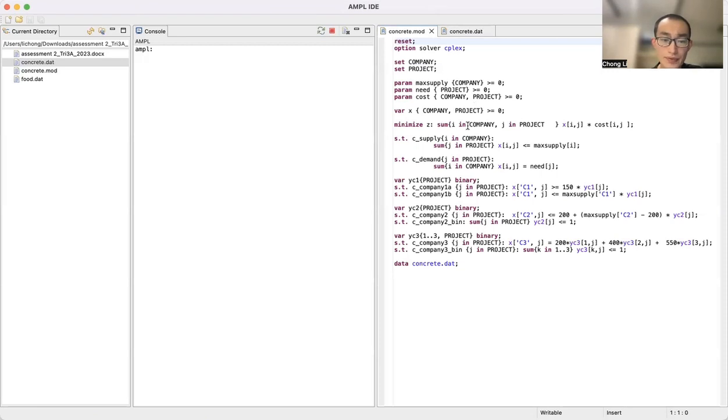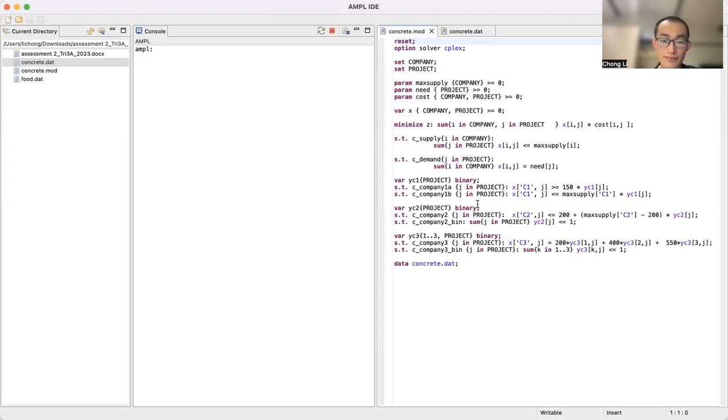And now the first set of decision variables is X company project. It means the quantity of concrete that company i supplies to project j, and this number is non-negative. And as I said earlier, the objective function is to minimize the total cost of the supplying process.